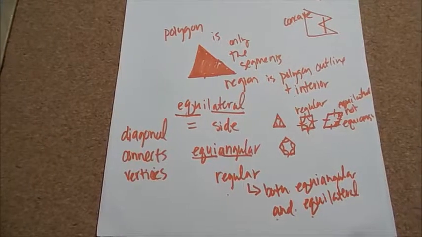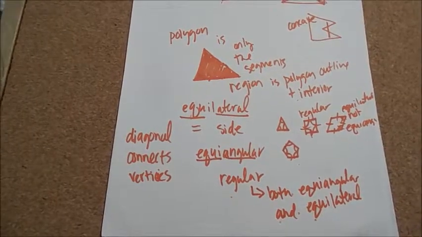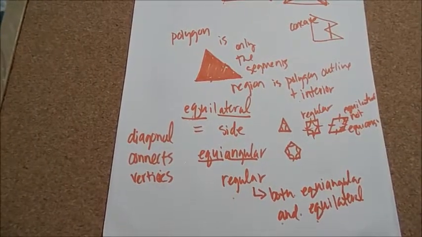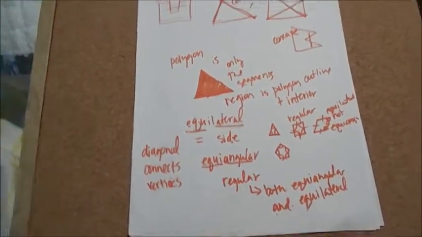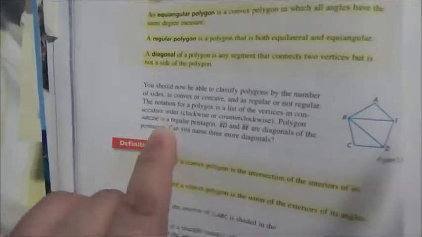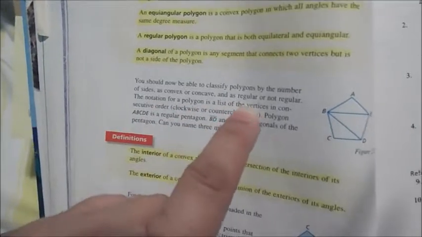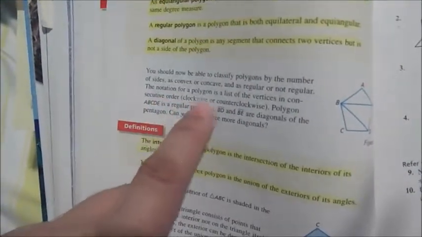And you're going to want to know the notation for a polygon, which is listed in your book. You can see it right here. The notation for a polygon is a list of the vertices in consecutive order, clockwise or counterclockwise. It doesn't really matter.